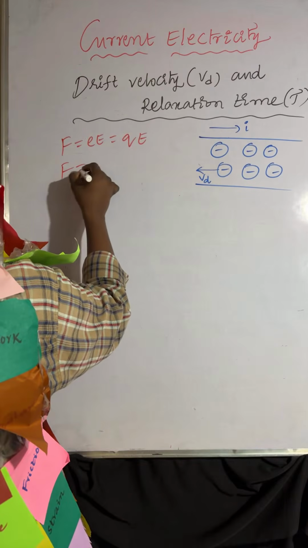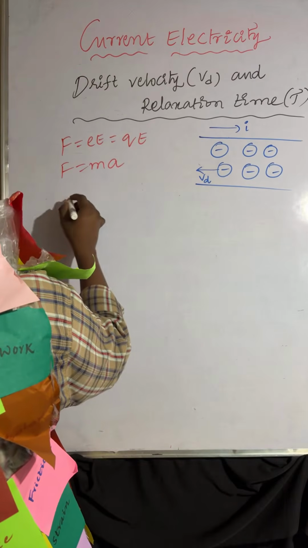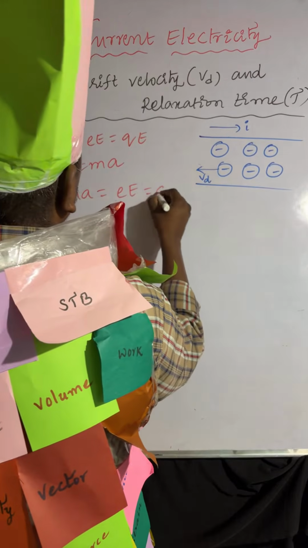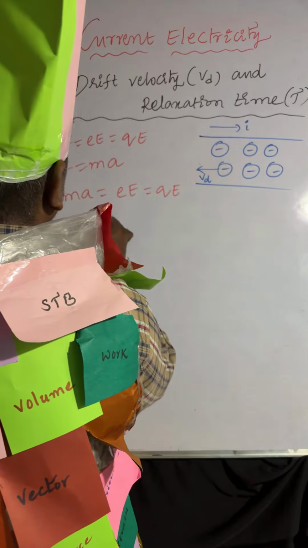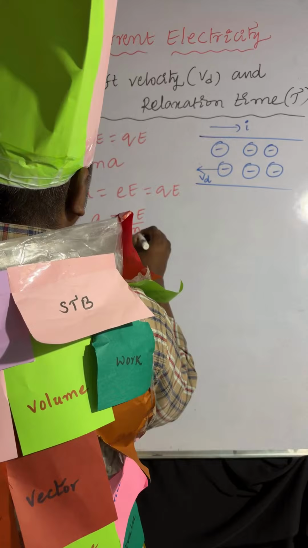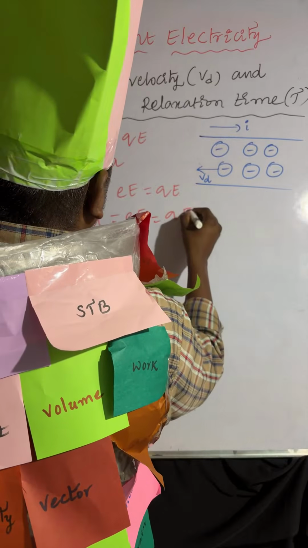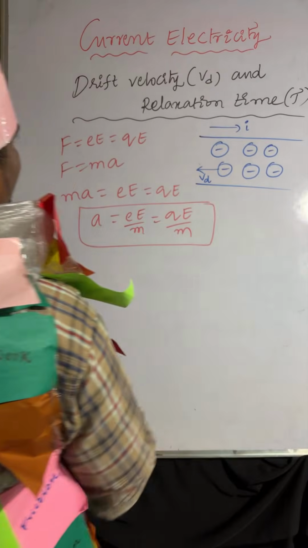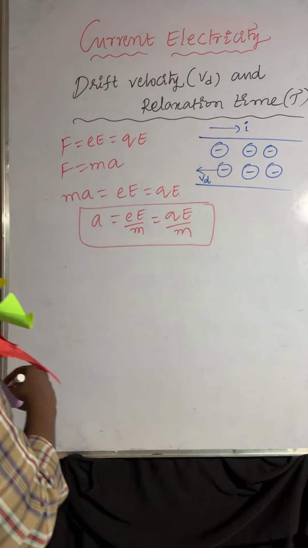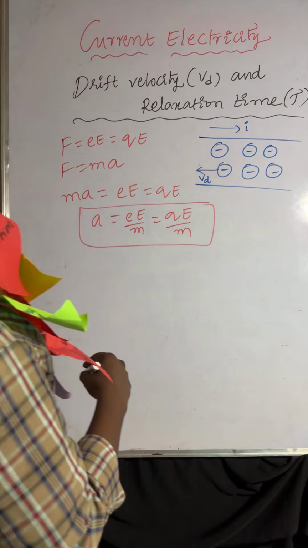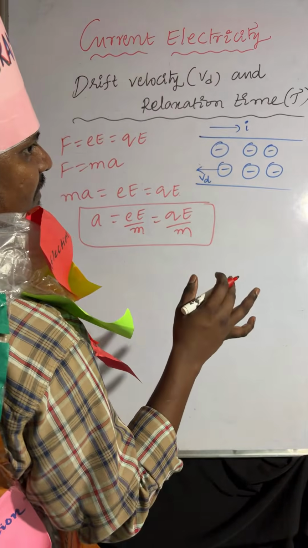Then F equal to ma, so ma equal to QE, and a equal to QE by m. So what is the drift velocity? The average constant velocity of an electron moving in a conductor is called drift velocity.